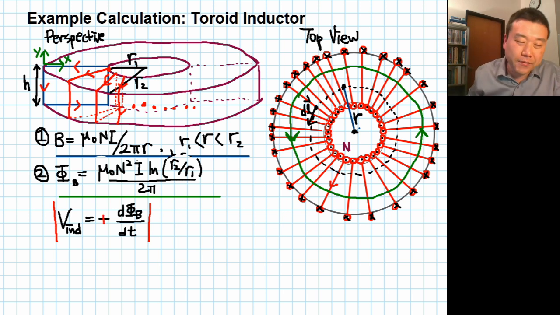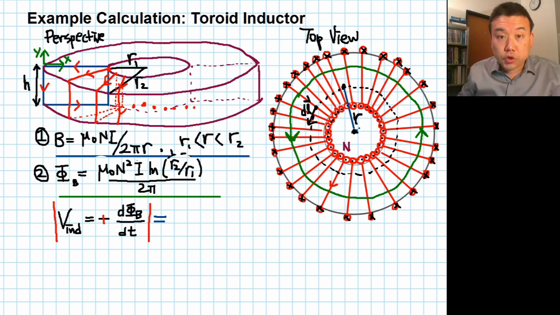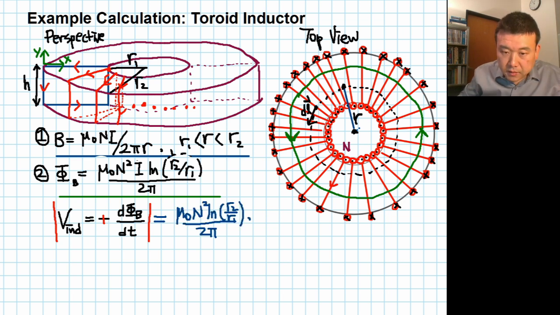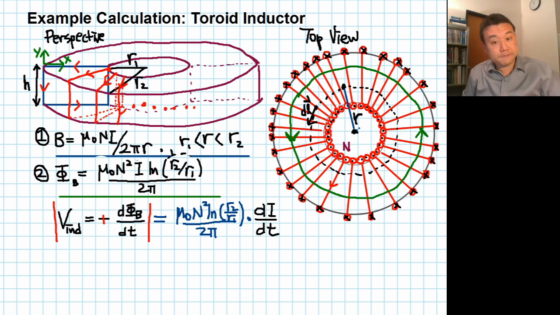So let me take the time derivative here. When you look at the expression for the magnetic flux, it looks like everything here is constant with respect to time, except for possibly one. The current might be a function of time. So let me write this out. All the constants times the rate of change of current.